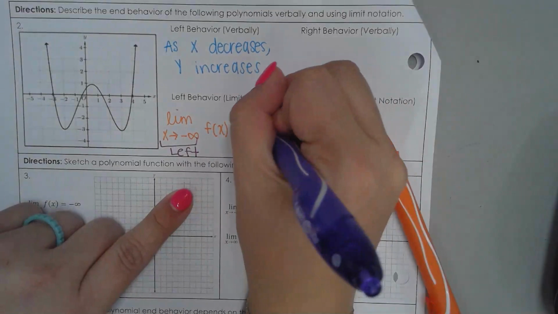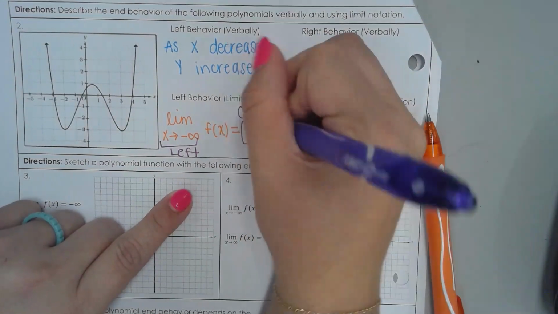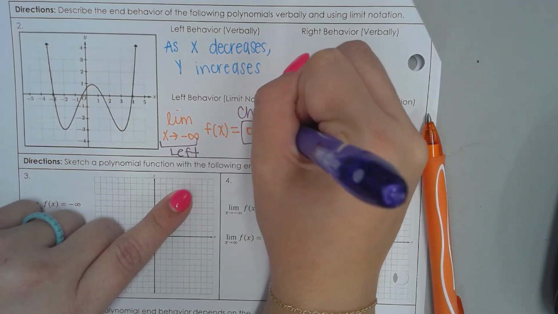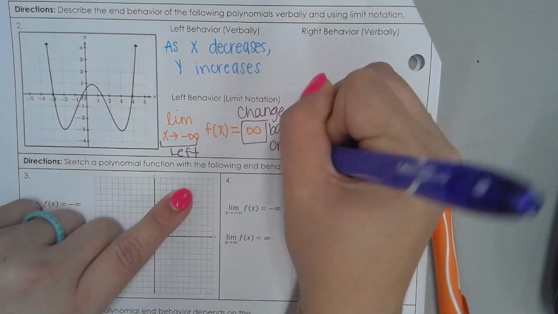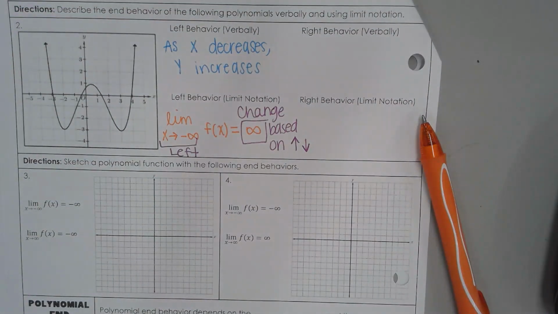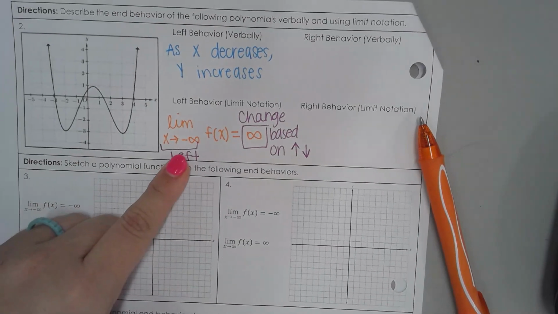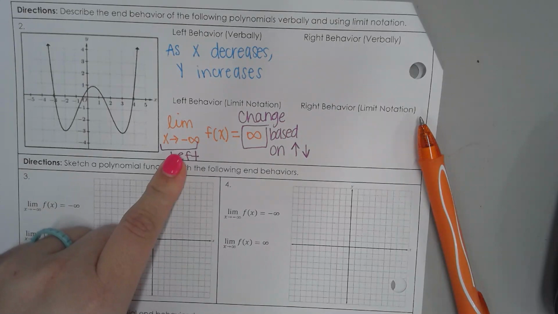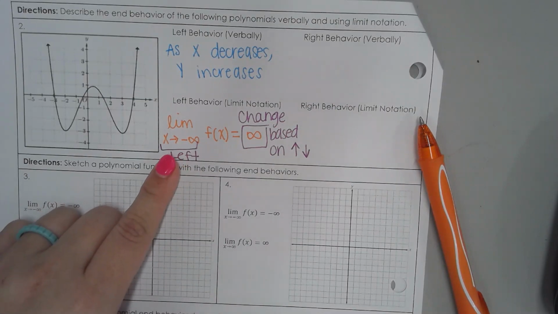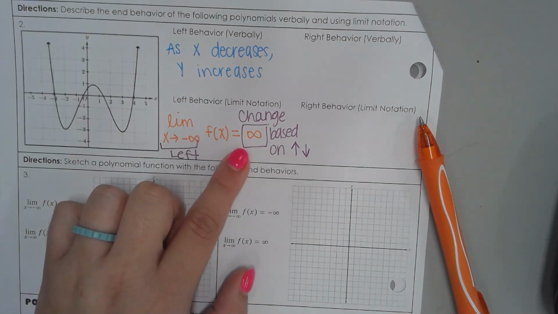This right here is going to change based on if it's going up or down, if your arrow is pointing up or if your arrow is pointing down. So when you see as x approaches negative infinity, that means the left side. When it's equal to infinity, that means on the left side, your arrow points up.